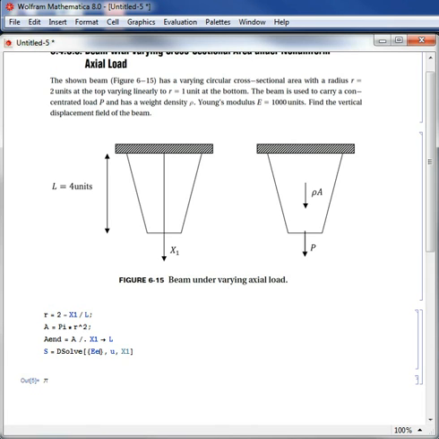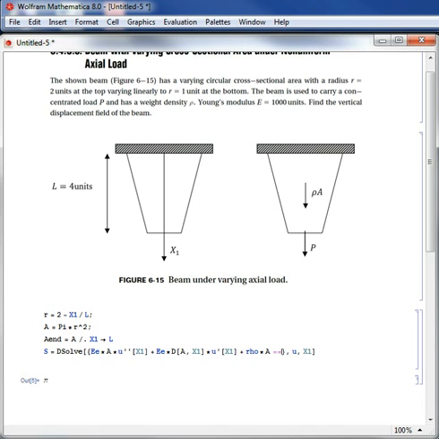So the differential equation is given as follows. EE multiplied by area multiplied by u double prime, partial 2u by partial x1 squared, plus EE multiplied by the derivative of area with respect to x1 multiplied by du with respect to x1, plus rho multiplied by the area.